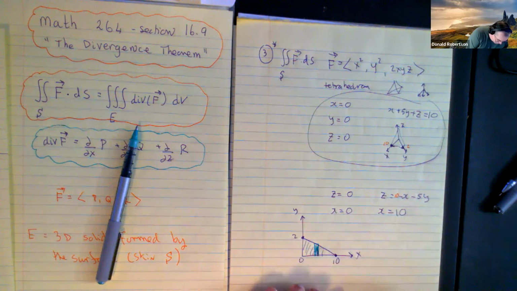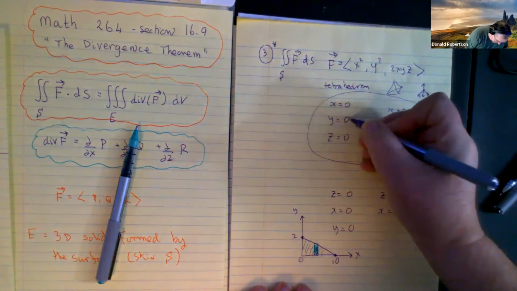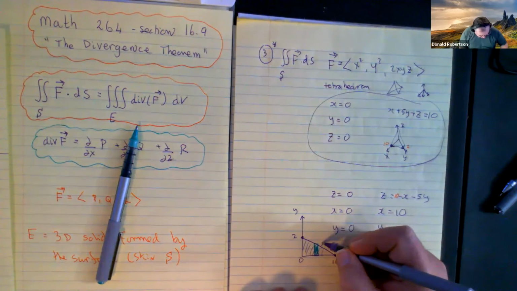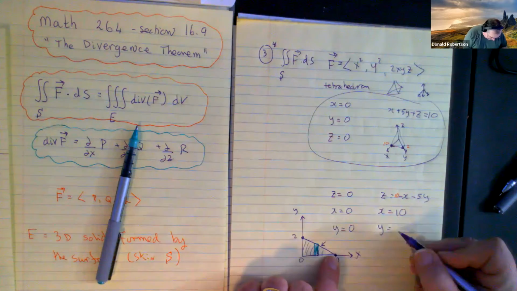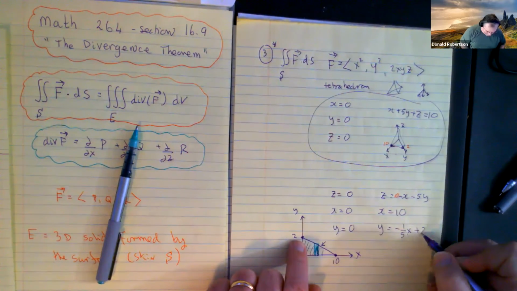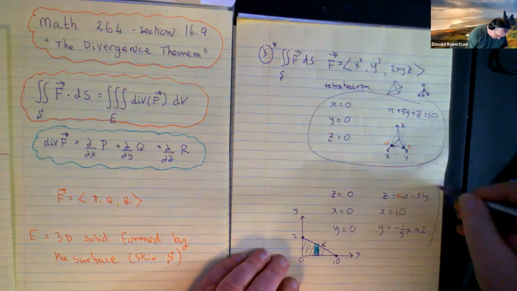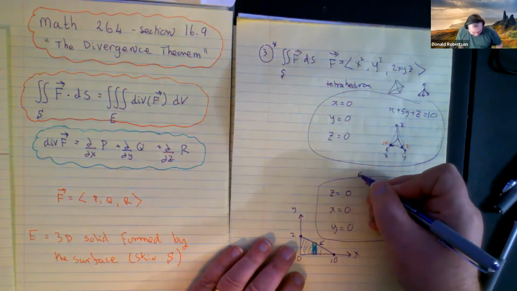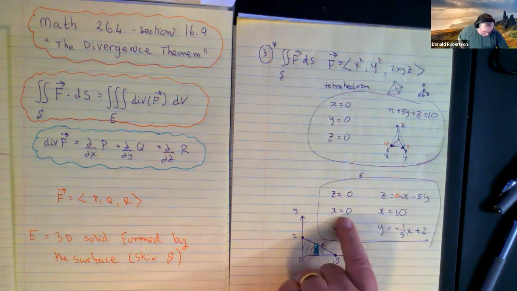And my y's are going to go from 0 to whatever the equation of that line is. That line has a slope of -1/5, and it passes through 2. So we have now set up the limits of integration for the solid: 0 to this, 0 to 10, and 0 to this.